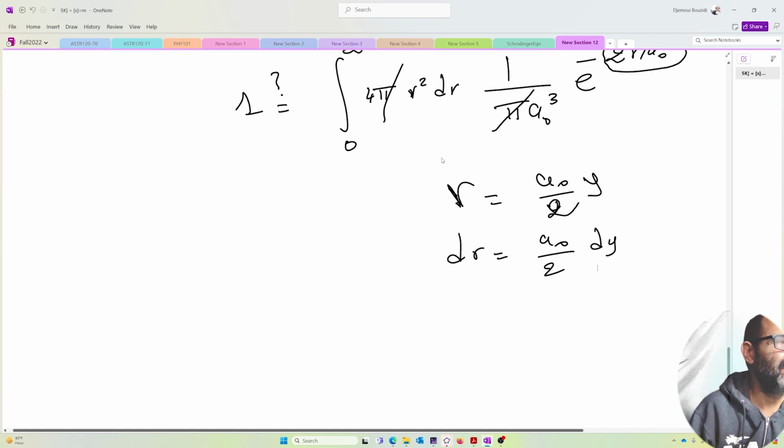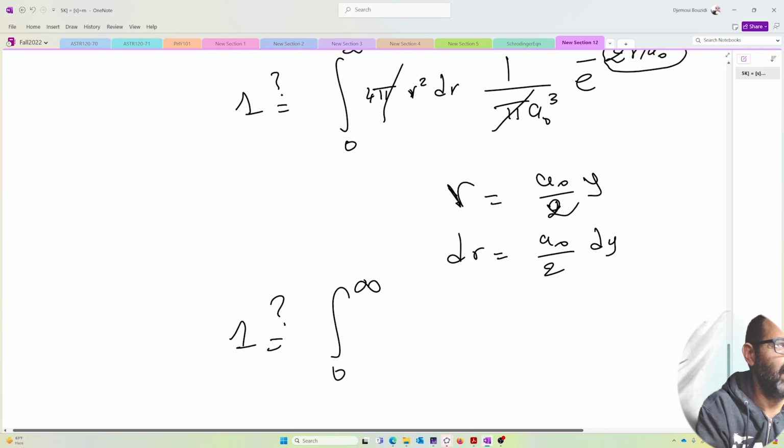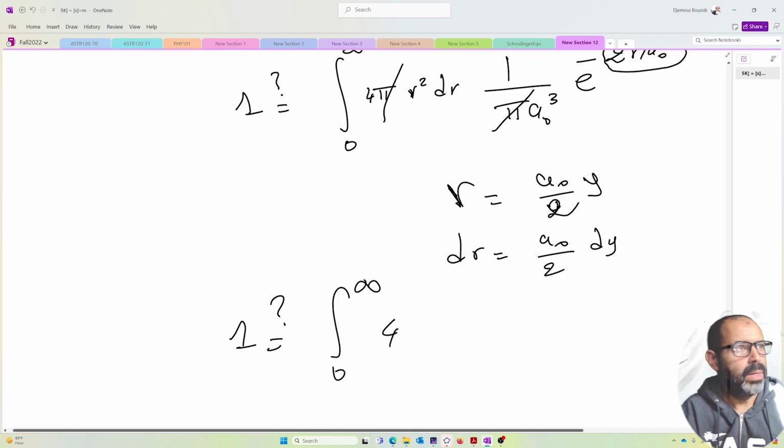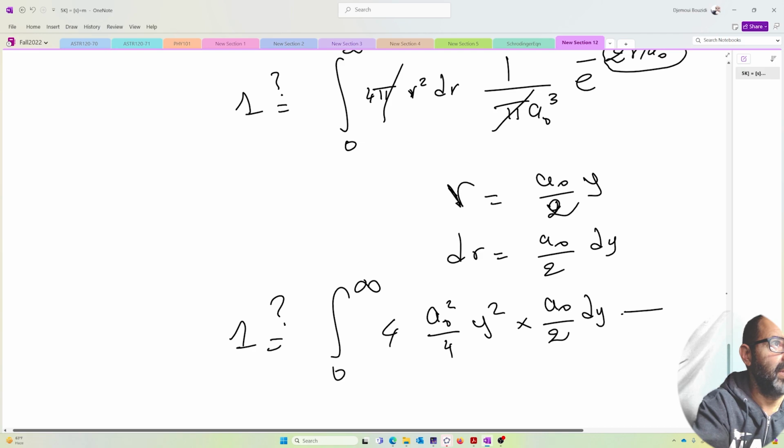So now what it says here is: does 1 equal the integral from 0 to infinity of 4 times r squared? And we know what r squared is. It's a naught squared over 4, because the square of 2 is 4, times y squared, and dr, which is a naught over 2 times dy, divided by a naught cubed, times the exponential of negative y.